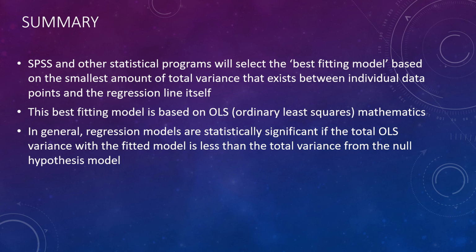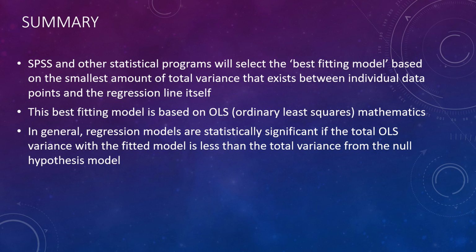Okay, and this OLS, or ordinary least squares, is then compared to the null hypothesis. Whichever of those models has the least amount of error, either the OLS model that SPSS puts together for you or the null hypothesis model that SPSS compares to, will be the best fitting model. And this is how we choose whether or not to say our model is statistically significant.